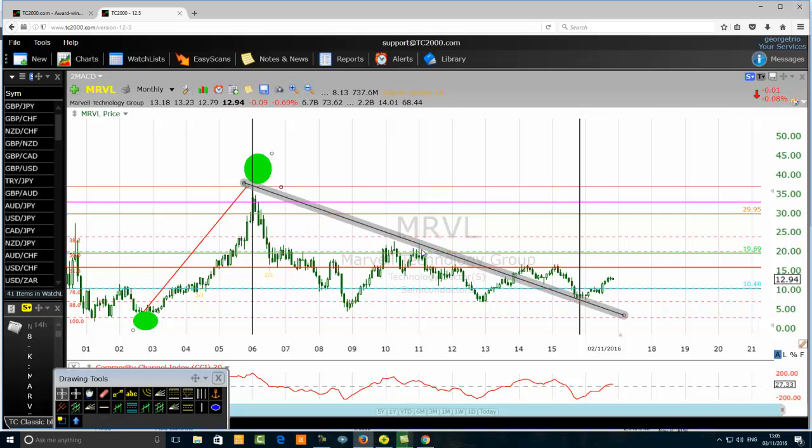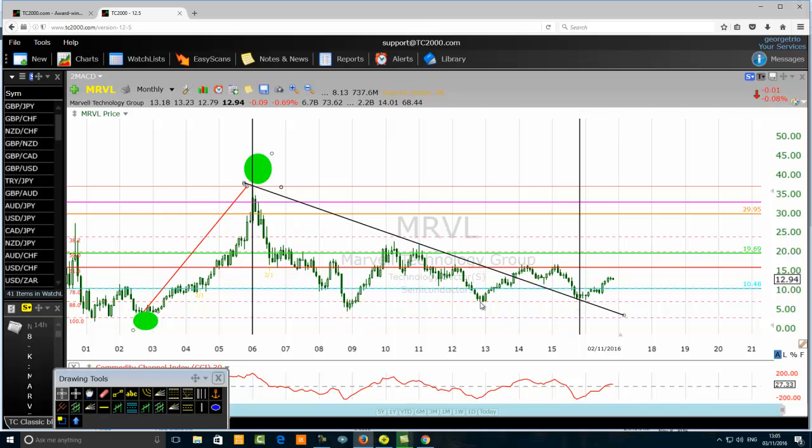So what we would have said to traders, if you were here, is that as long as Marvell stays below this black trend line, one should give priority to bearish signals. That's what I would have said to traders before.